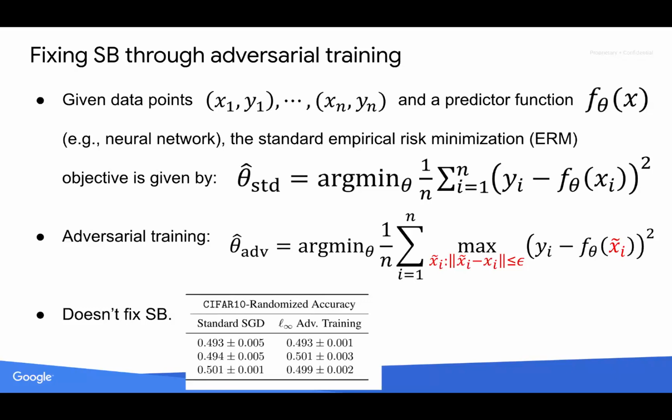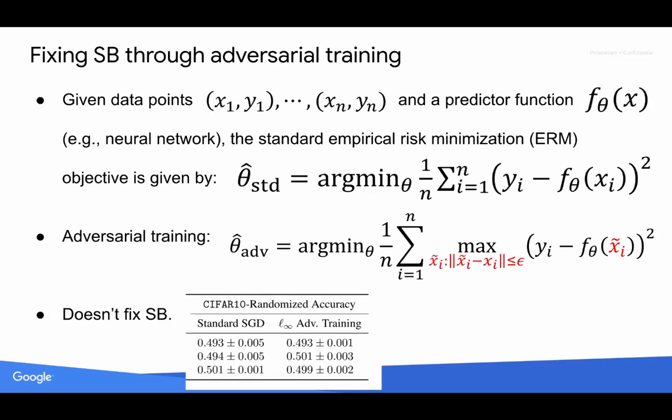So f theta of xi is my prediction on the given data point xi, and yi is my target. What adversarial training does is that instead of xi, we take a maximum over all possible x prime i which are in an epsilon ball around the given point, so that the predictor function is actually smooth in an epsilon neighborhood around the given point (xi, yi).